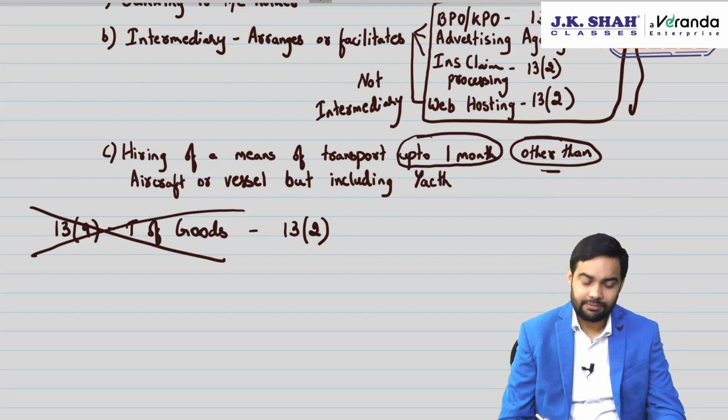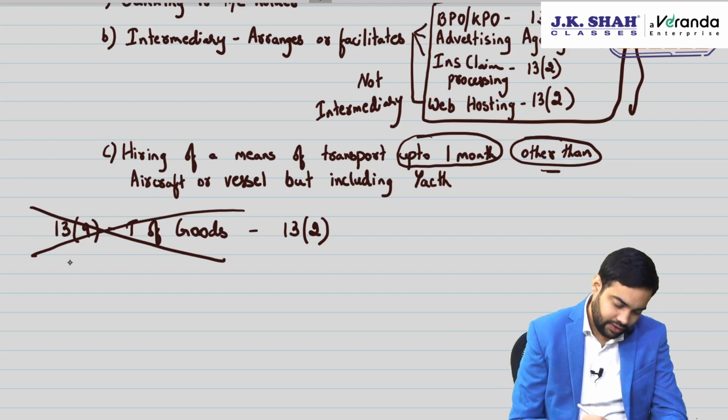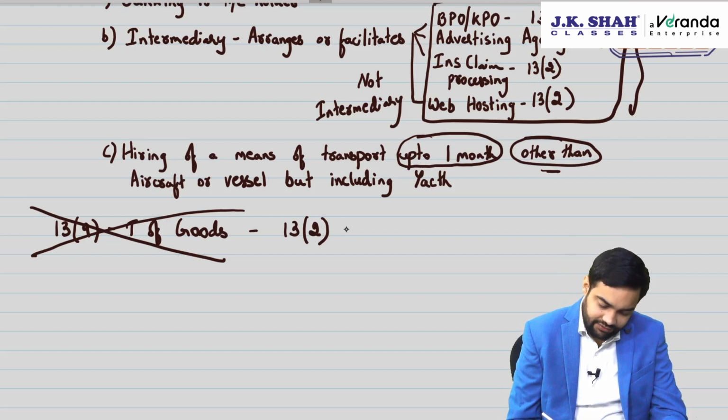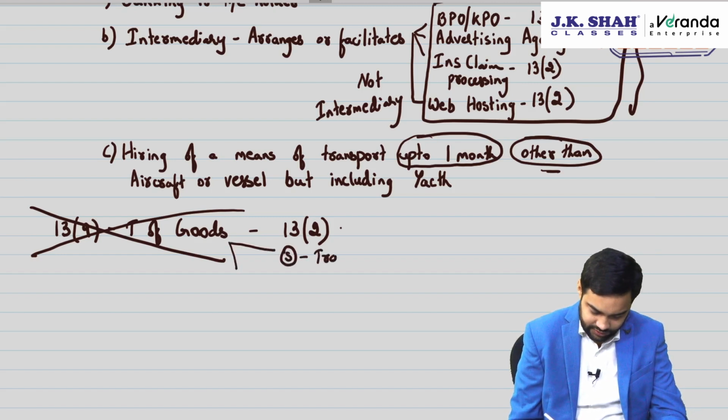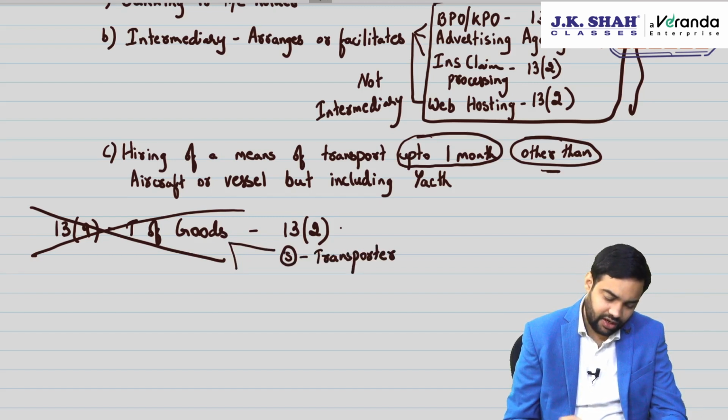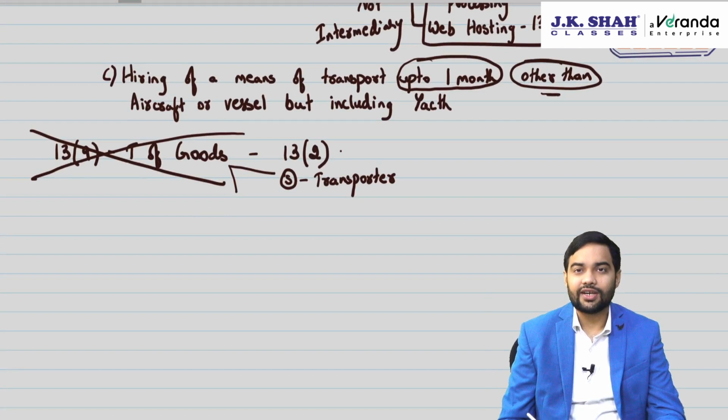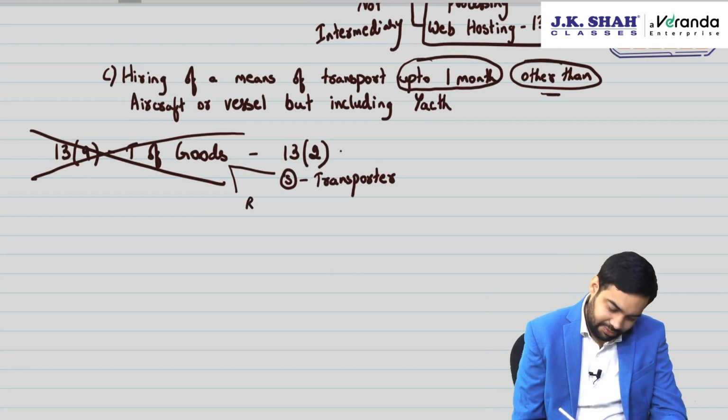Now, some cases where you face a difficulty with regard to who is the supplier of this service, who is the recipient of this service. Supplier is the transporter, not the person sending the goods, because we are learning about transportation of goods, not goods. Recipient is the person liable to pay freight.